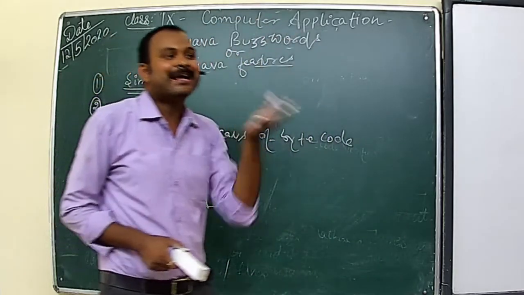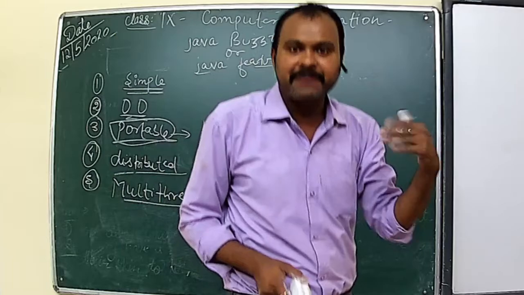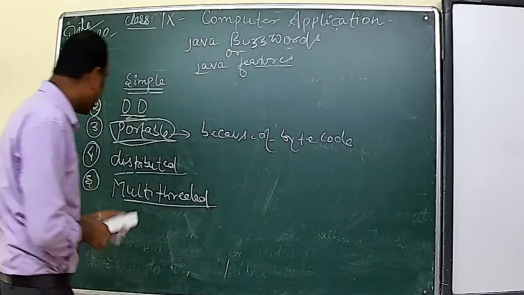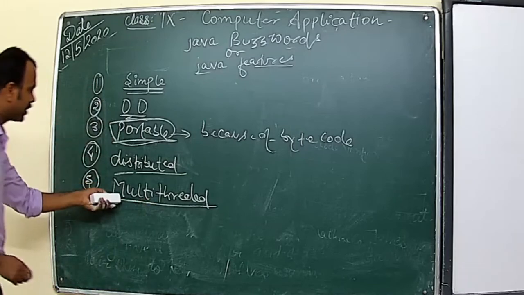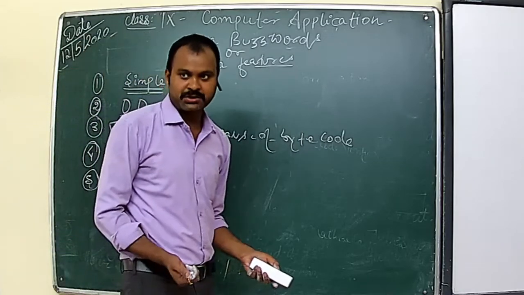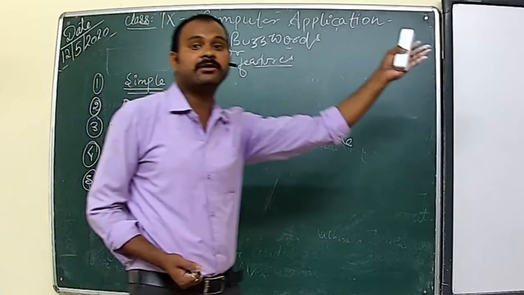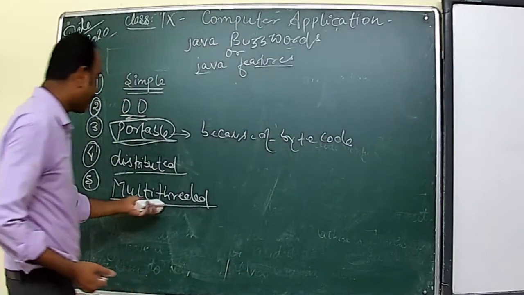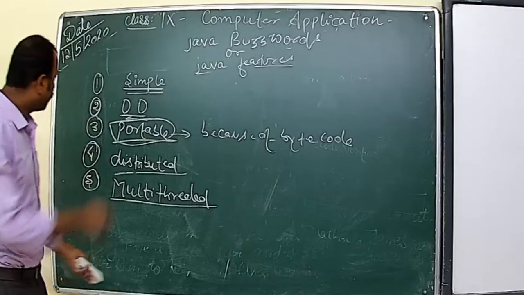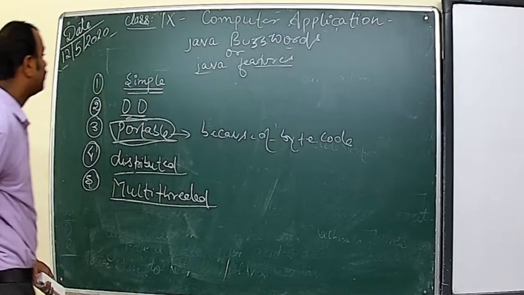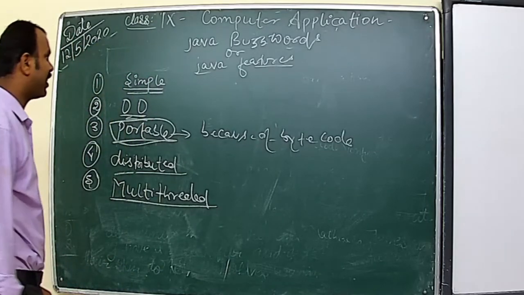Different code can work at the same time, differently. So this is called multi-threading. At the same time, different code will execute without disturbing the other code. So this is multi-threaded. So these are your Java features, or Java buzzwords.